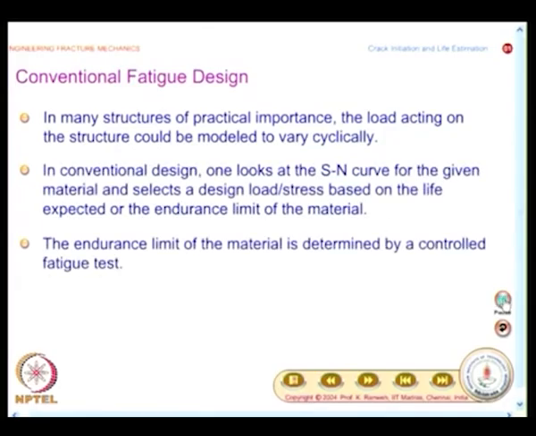And what do you do in a conventional fatigue design? You will take the help of an SN curve for a given material, search for the SN curve. From that, select a design load or stress based on the life expected or the endurance limit of the material. This is how you proceed, and you have to keep in mind the modern research says there is nothing like endurance limit for any material.